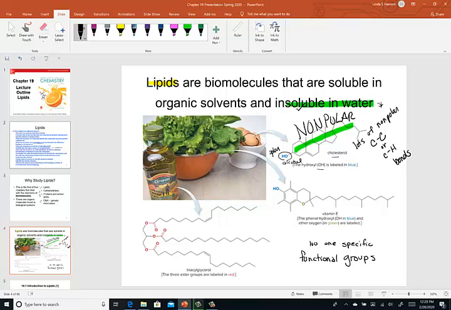Look at the molecule of vitamin E being pulled from leafy green vegetables. Here I can see that we have an alcohol functional group, which is polar. And even right here is an oxygen, giving us a functional group of an ether, which is also polar.